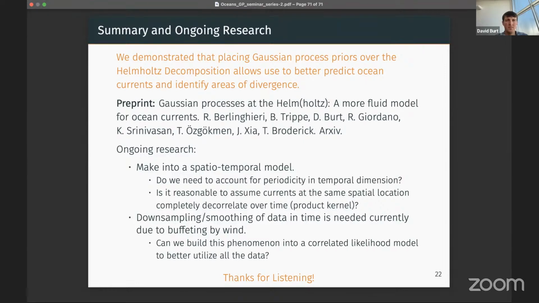I guess if nobody has questions, I actually have a question. In models like this, effectively we're trying to model fluid flow using this buoy data in order to better understand what's happening with the ocean currents.